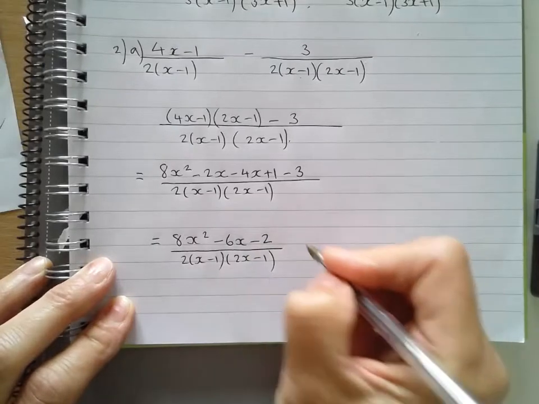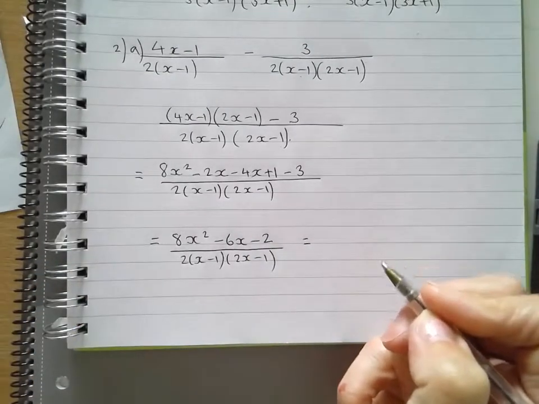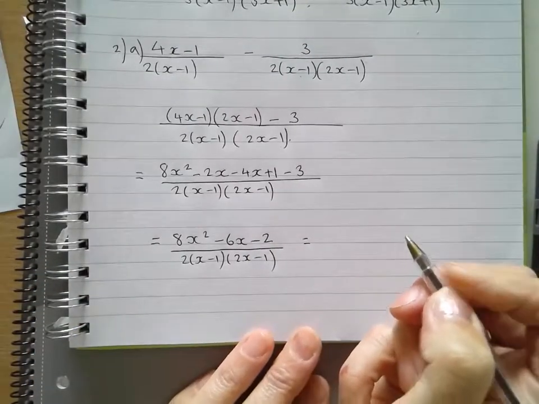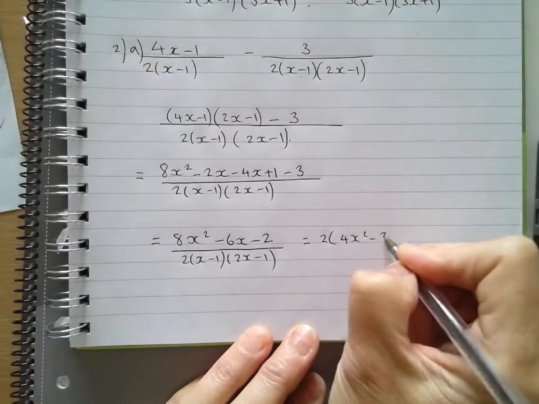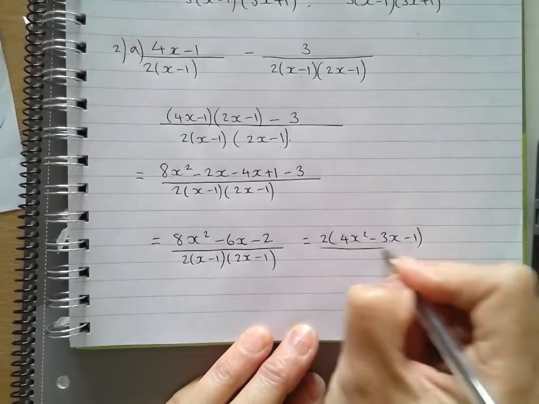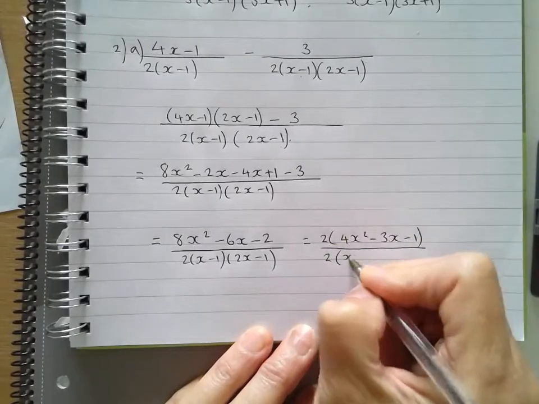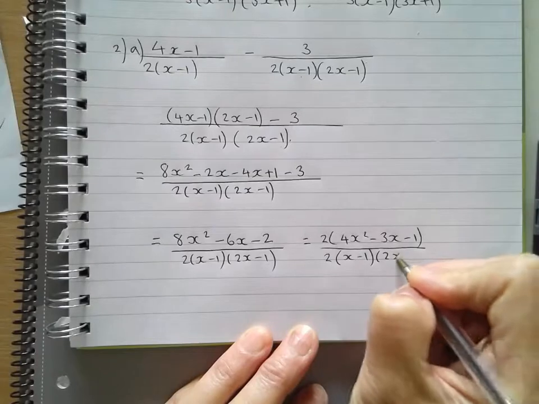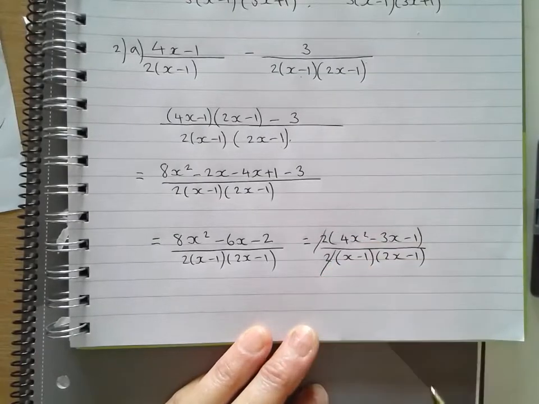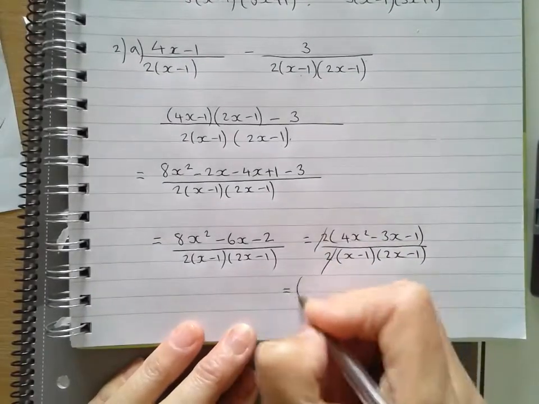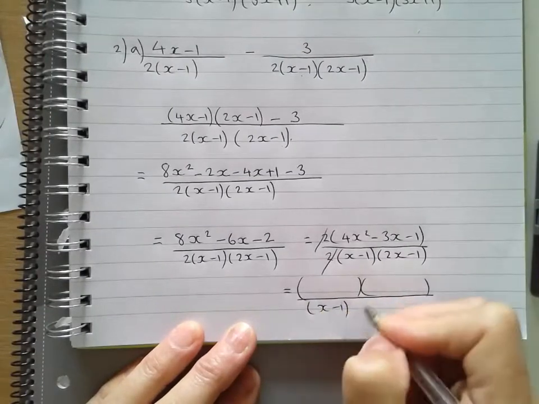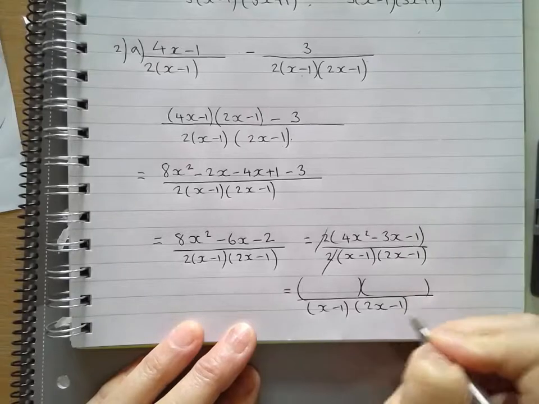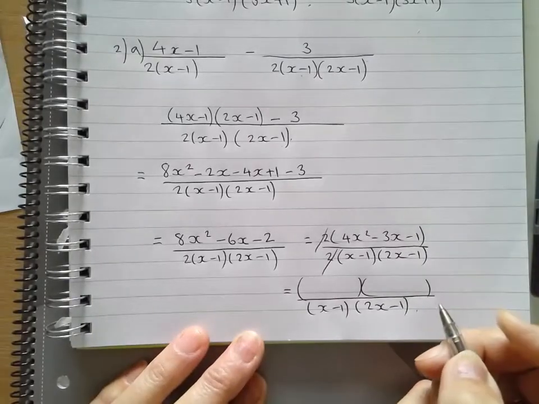Now I've got to go in the simplest form, so I'm going to have to factorise that top. So first of all I'm going to take out the 2, because that 2 will then cancel with that 2 on the denominator. And then I'm going to factorise the top. When I'm factorising, I'm just making sure that I do check it every time.